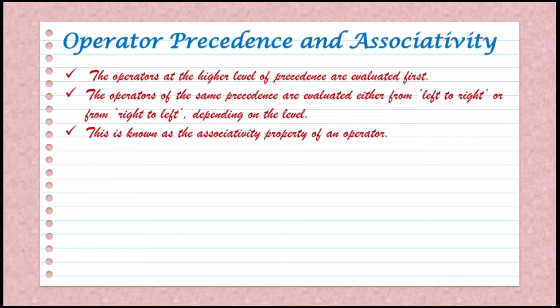Now we will see the complete list of operators, their precedence levels and their rules of associativity. The groups are listed in the order of decreasing precedence. Rank 1 indicates the highest precedence level and rank 15 the lowest precedence.